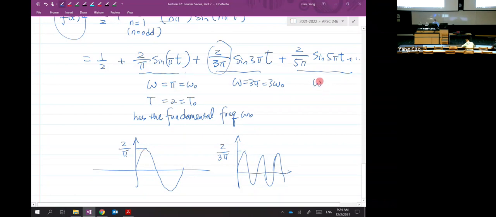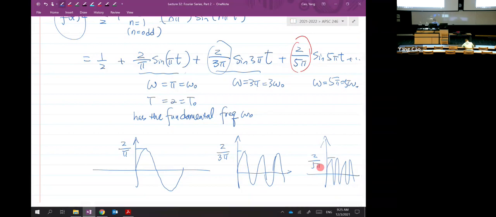And for the third one, your frequency is 5 pi, which is 5 omega naught, and the amplitude is 2 over 5 pi. Again, it's getting a little bit shorter. So now if you plot it, it's getting a little more crowded, more frequent, and the amplitude also gets a little shorter. Okay.